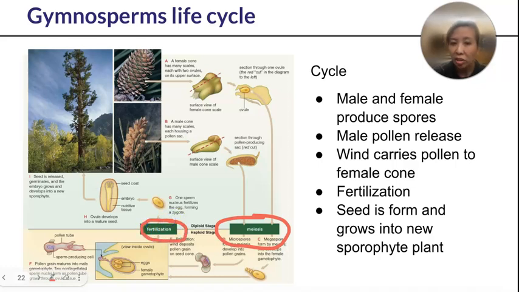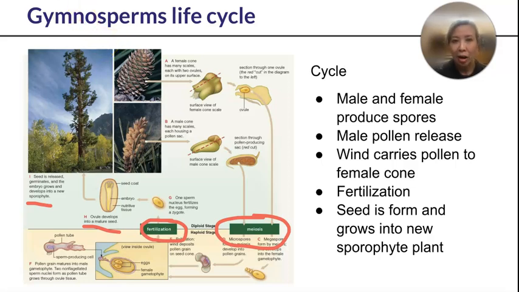Once fertilization occurs, you form the zygote, and the ovule can then develop into a mature seed. This mature seed, when the environmental conditions are optimal, will then grow into a new sporophyte. And eventually that new sporophyte will mature into what we know as a pine tree or a coastal redwood tree, etc.